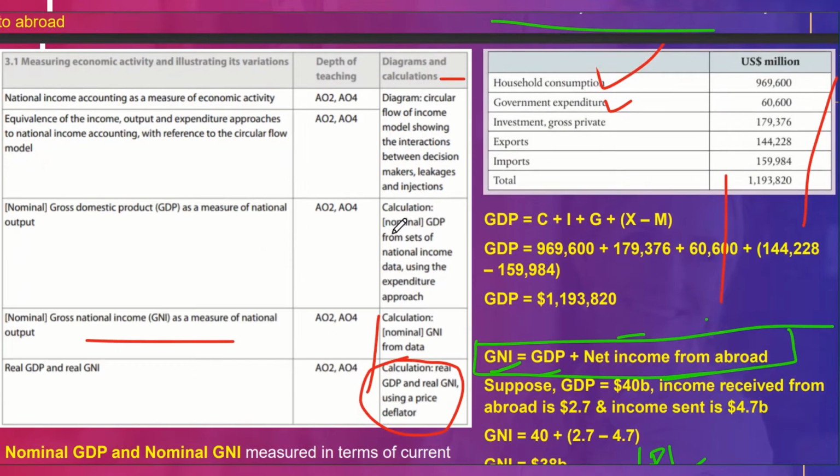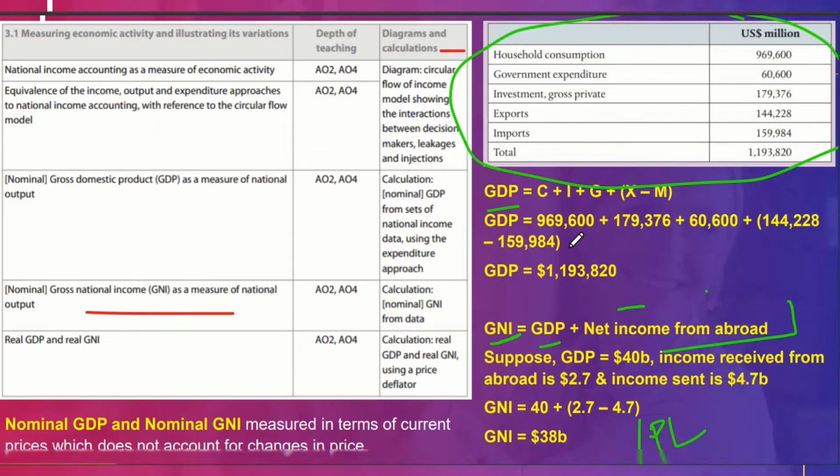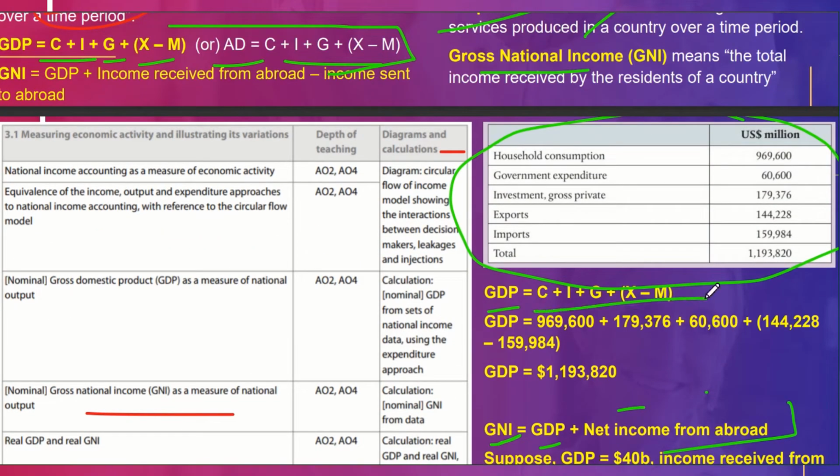So in Paper 2 you can expect a question where they will give you information like this and ask you to calculate GDP, how much the GDP is. You need to use this formula: C plus I plus G plus X minus M. If you are just thinking logically, you can get full marks for this one.